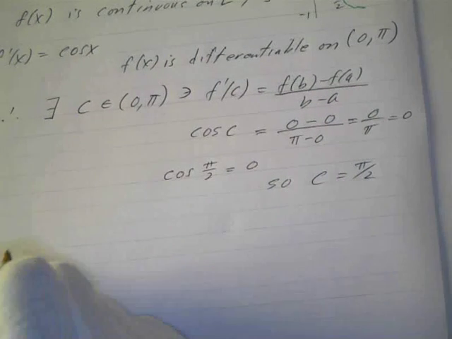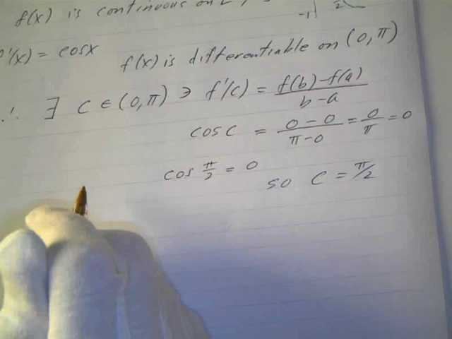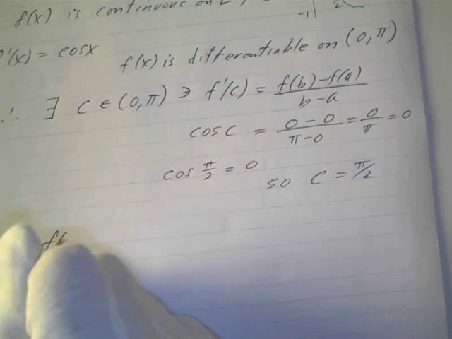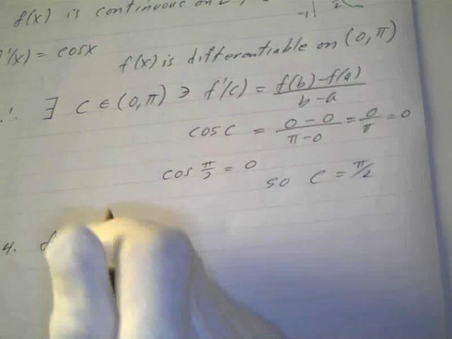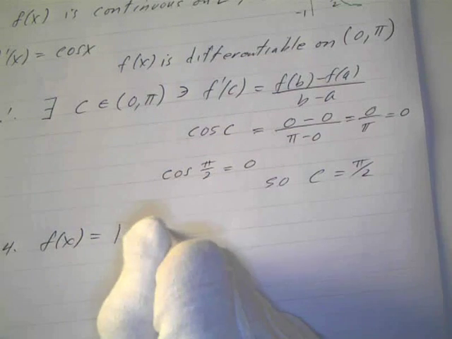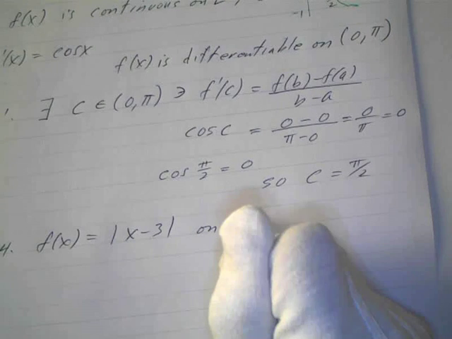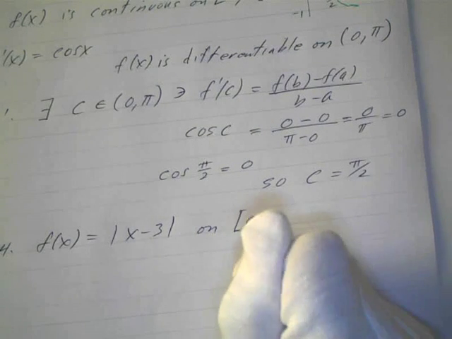Okay, number 4. Take a look at number 4. F of x equals the absolute value of x minus 3, on the interval 0 to 6.